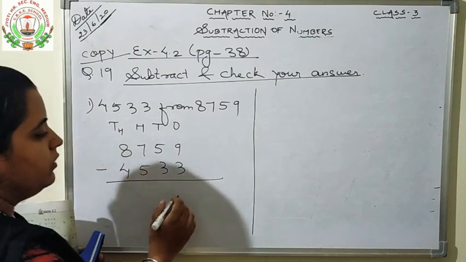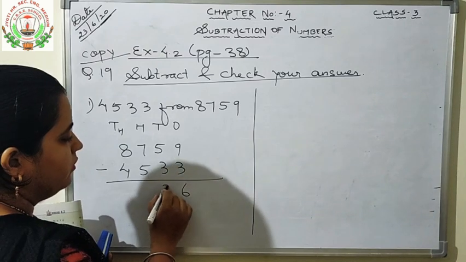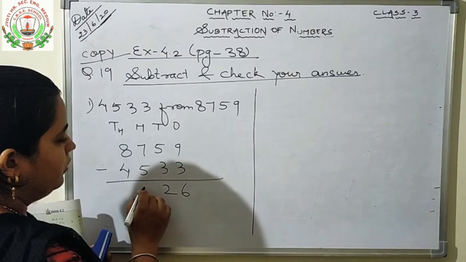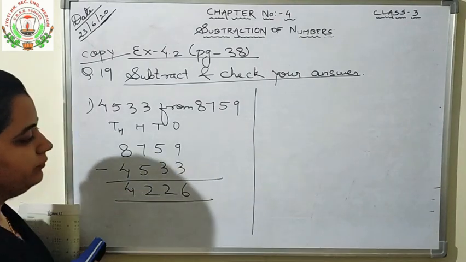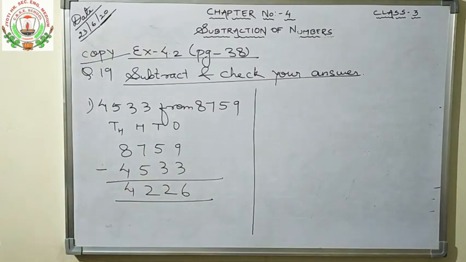Okay. 9 minus 3 is 6. 5 minus 3 is 2. 7 minus 5 is 2. 8 minus 4 is 4. This is our answer. For checking, how we will check?